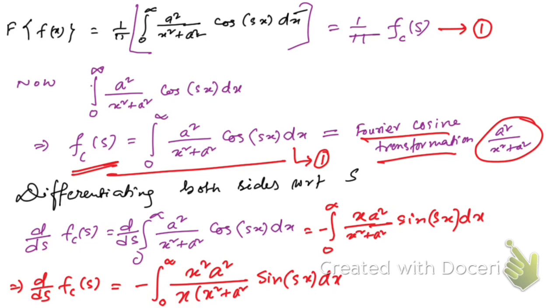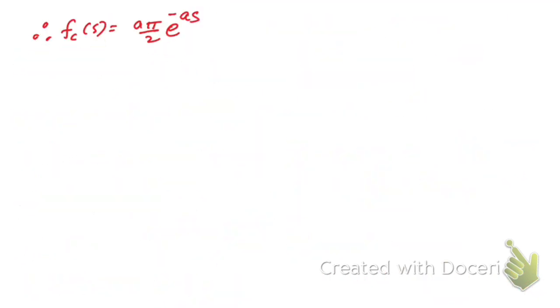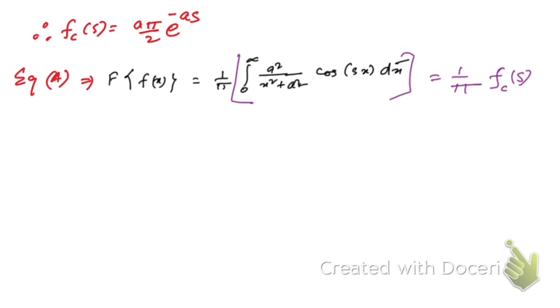As I have given this one equation number 1, let's not give an equation number here. Or you can give this one as capital A. Let me use capital A here, so that from equation capital A we can write what we have got. We have got this one, right?